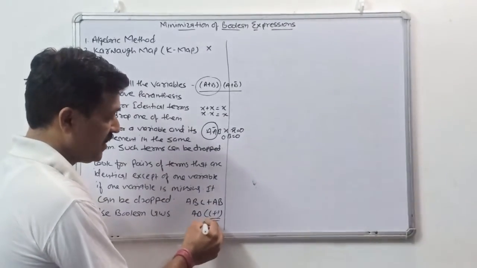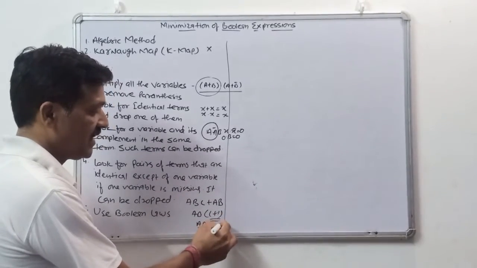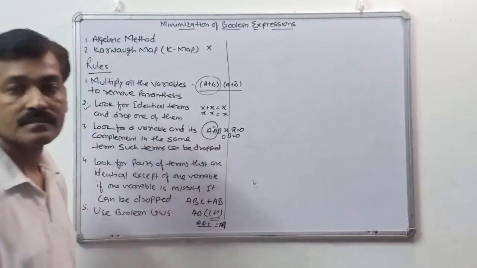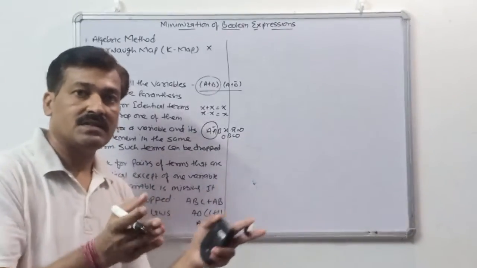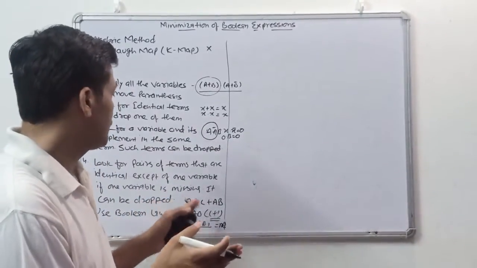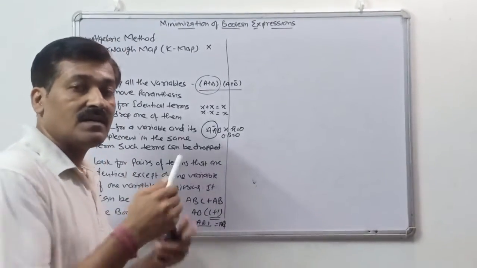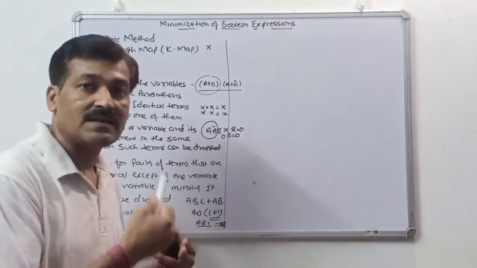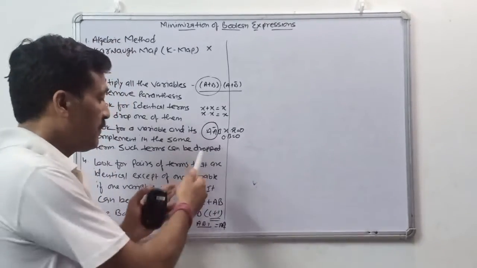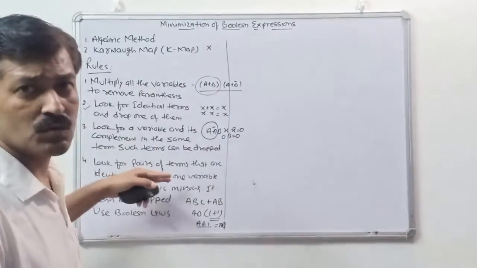It is AB dot 1, x into 1 equals x, so AB. So this exceptional term, which is not matched, can be dropped. If the rest of the variables are matched except one variable, that particular odd variable will be dropped. So these are the simple rules.